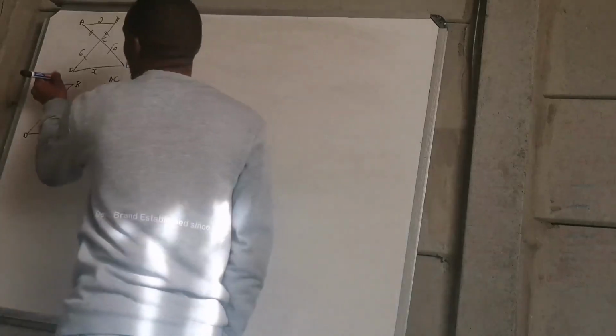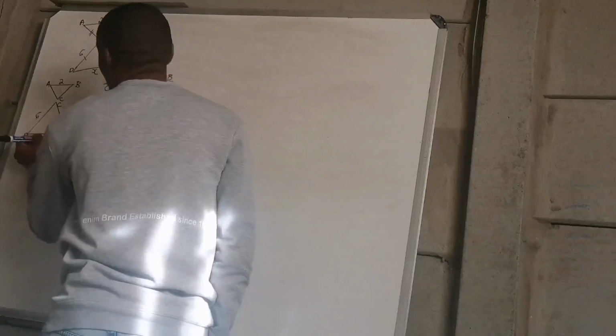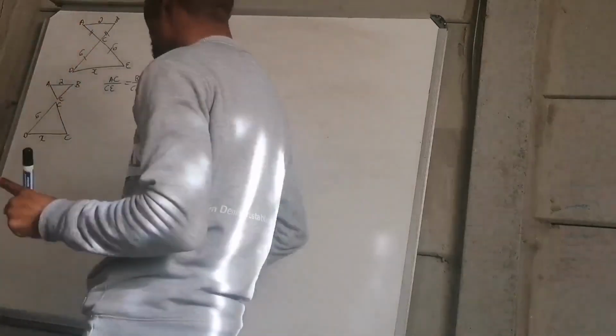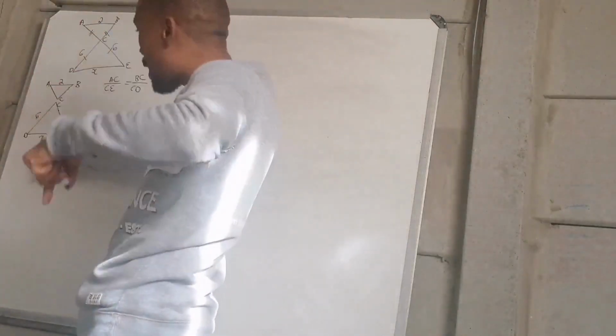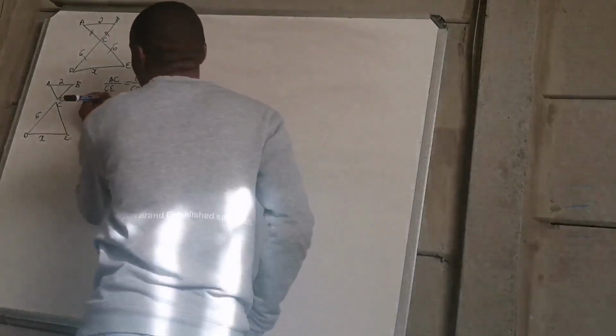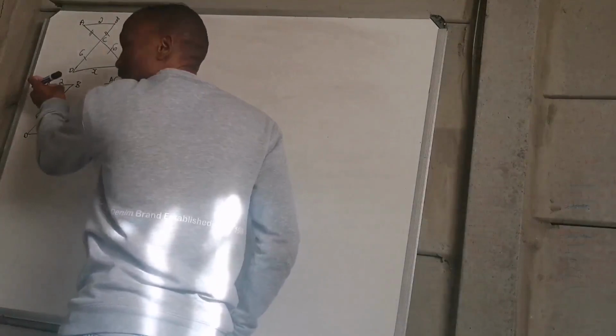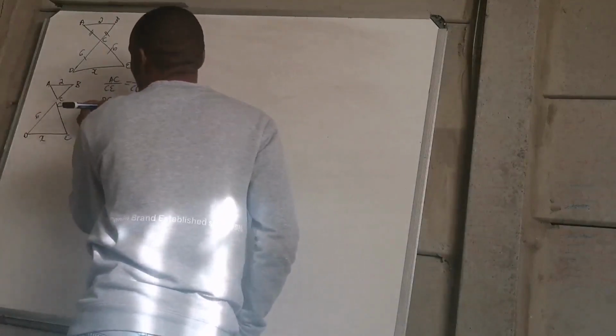Now, related to 2, related to 6, related to x. So the side DC divided by AB.